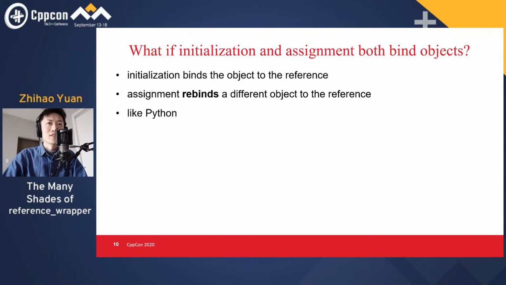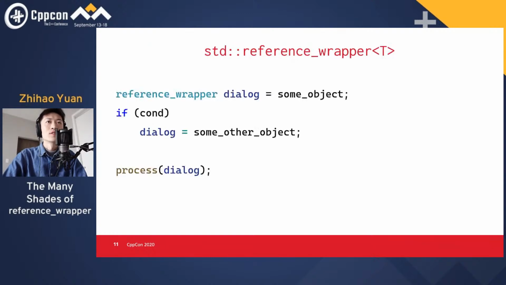With this semantics, we offer std::reference_wrapper. If we rewrite the previous example that didn't work by replacing the auto& with reference_wrapper, the example works and has the right semantics.